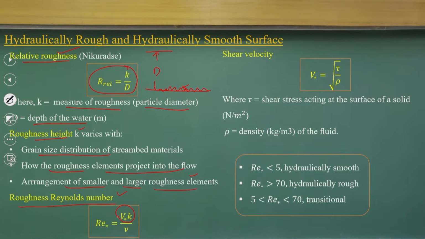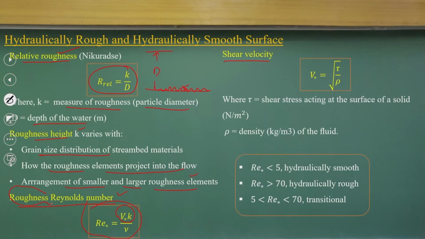Again, what is shear velocity? It is shear force expressed in units of velocity. That is how we define a non-dimensional roughness Reynolds number in terms of the shear velocity.